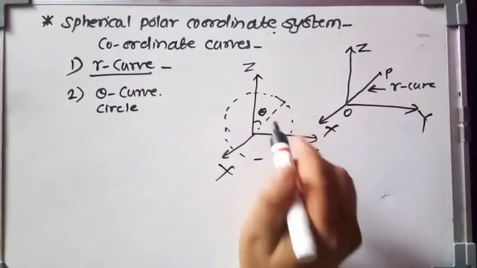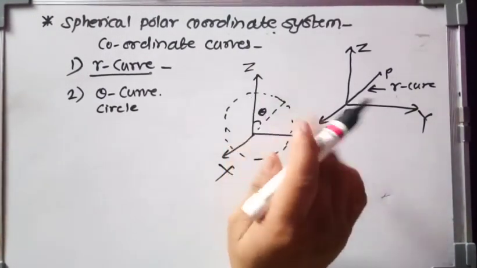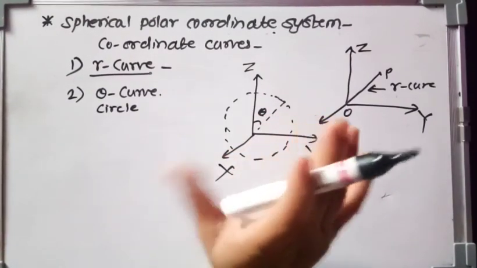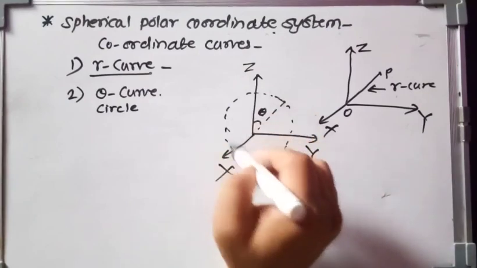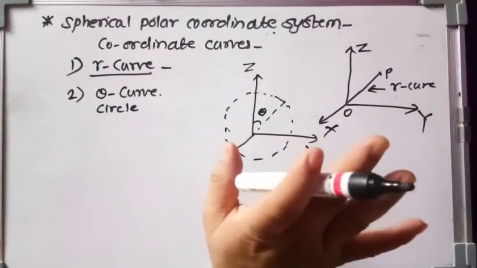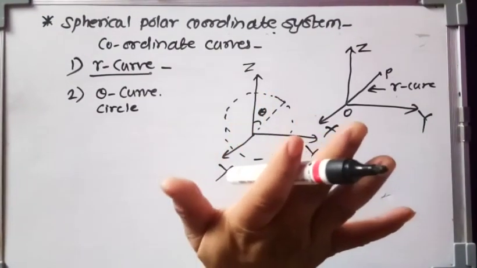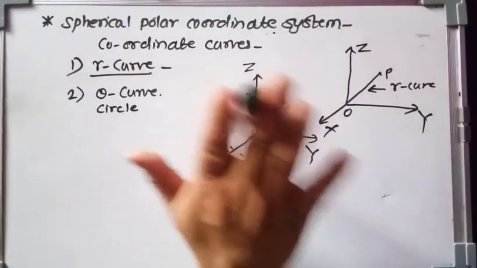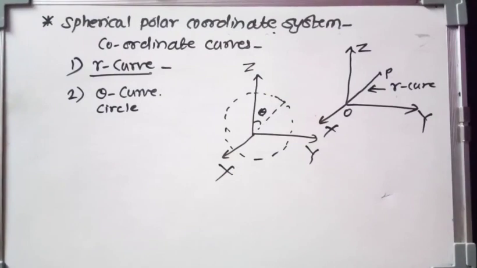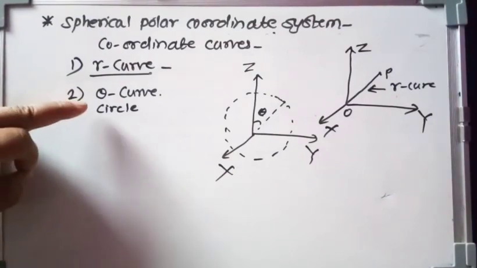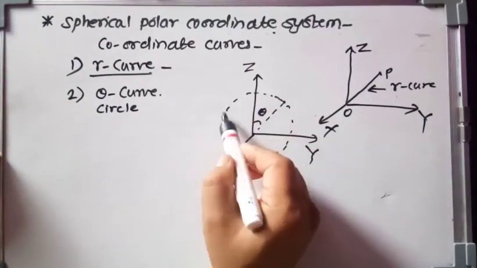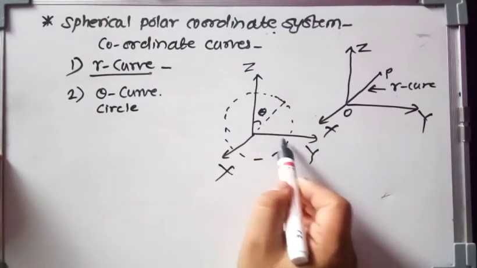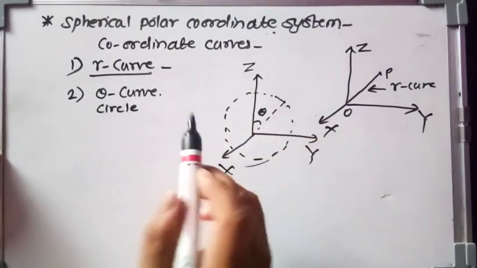This curve will be on r surface. What is r surface? R surface is spherical surface. It is along r surface, and also it is along phi surface. Therefore, this is theta curve on which only theta coordinate is varying, the angle between z axis and OP. If you change here, angle will be changed. This is known as theta curve.